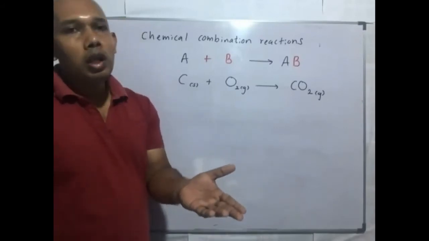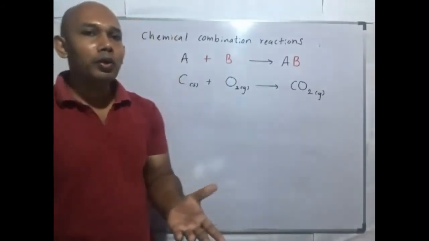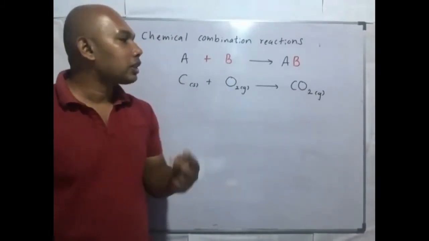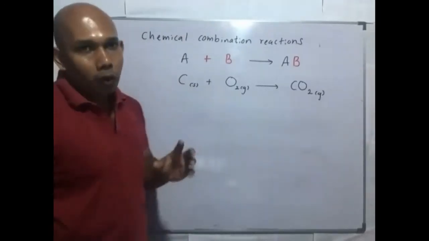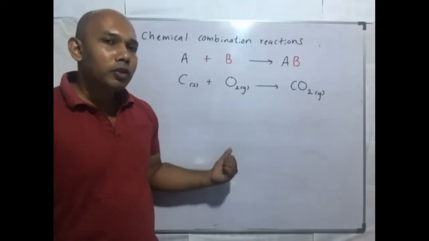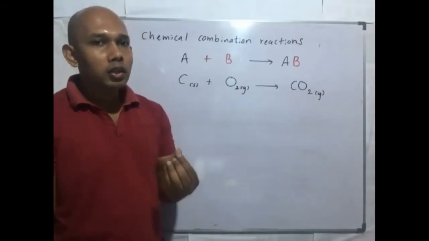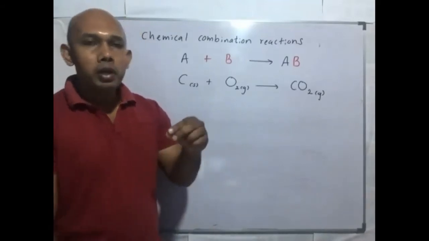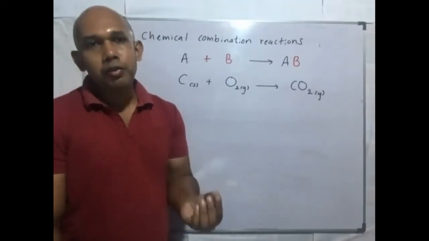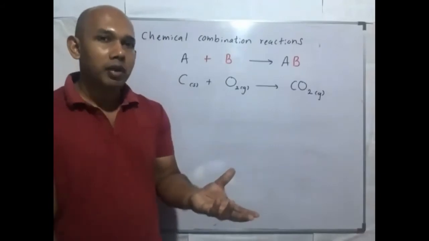Allotrope, right? What are the two forms of the allotrope of sulfur? Crystal form. What is the color? Yellow color. Amorphous form. What is the color? White color. When burned with oxygen, they burn with a blue color flame.